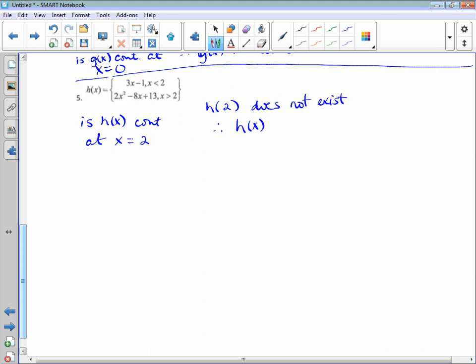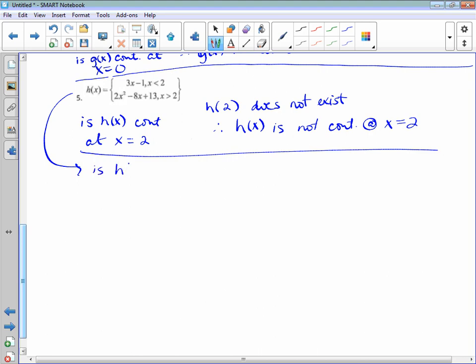Therefore, h of x is not continuous, and really we should say it is not continuous at x equals 2. That piecewise function is not continuous at x equals 2. It is continuous in other places.